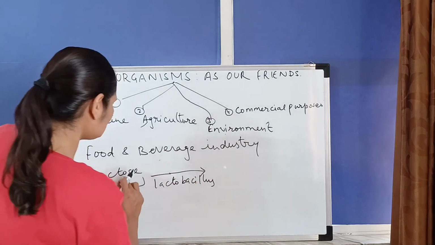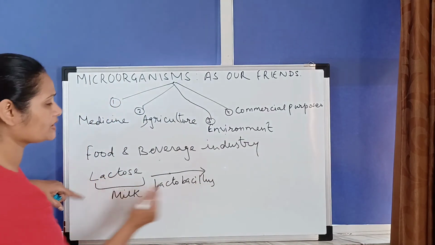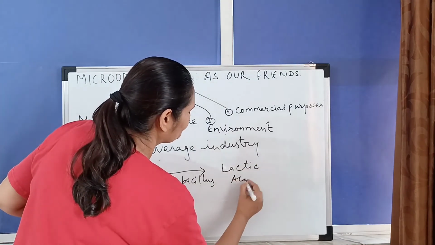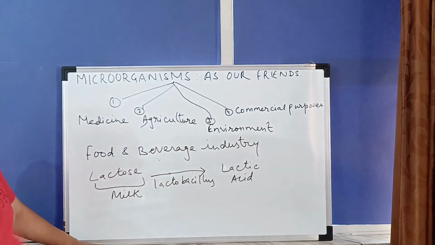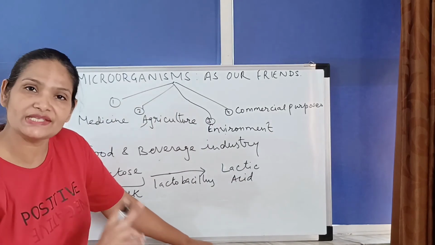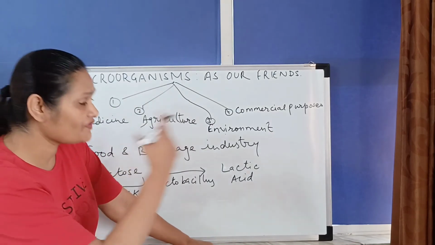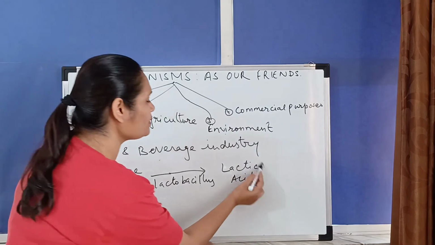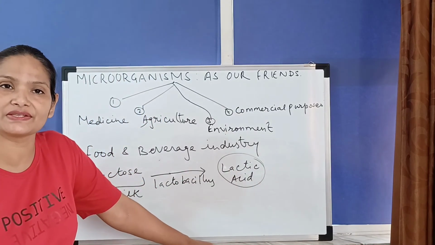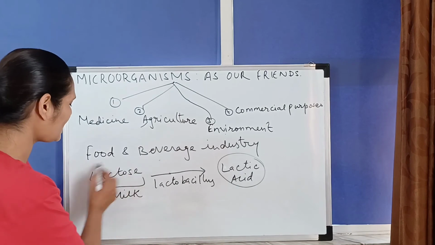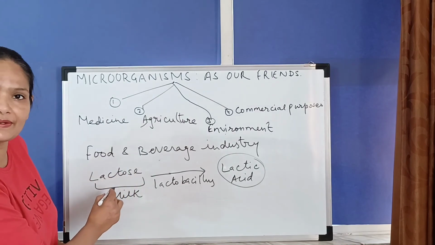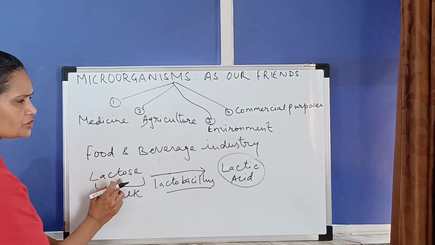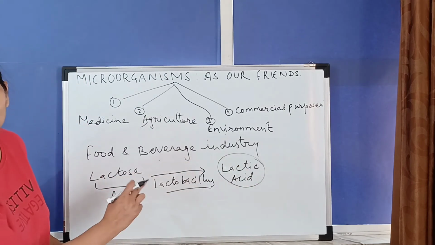This lactobacillus converted the lactose sugar into lactic acid, right? And thus the milk, which was not sour in taste, is converted into curd, which is sour in taste because now lactic acid is present in the curd. Earlier, lactose sugar was present in the milk. So this lactobacillus has converted the lactose sugar into lactic acid, and this is how the curd is formed.